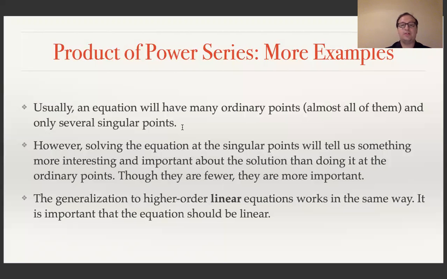All these equations that I am talking about and which I am showing you actually have many ordinary points. Almost all points are ordinary points, and they can be solved by power series at ordinary points.